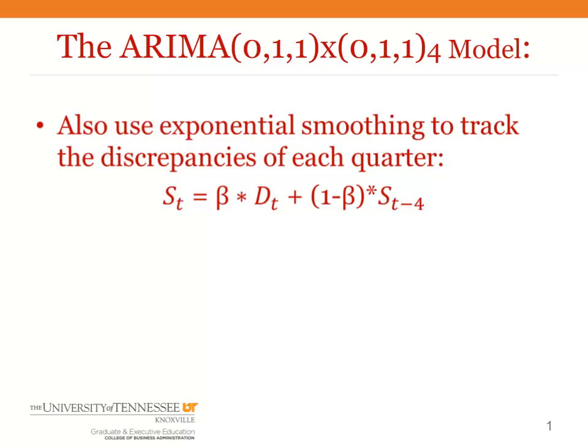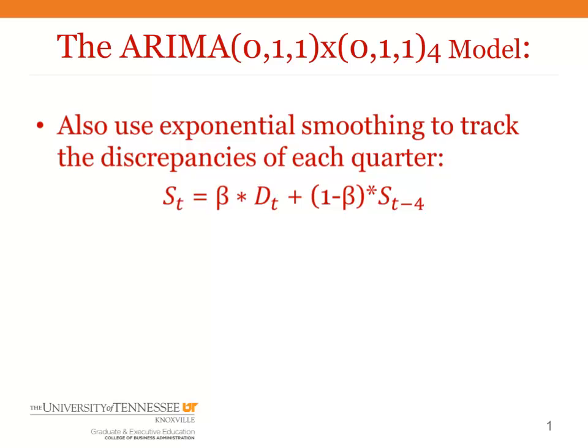So not only are we using exponential smoothing to track the level, we're going to use exponential smoothing to track those discrepancies. The second thing you want to notice is we've introduced a new variable called S sub t, and S sub t is tracking the discrepancies. In other words, it's using exponential smoothing to track that, and S stands for smoothing, let's say.